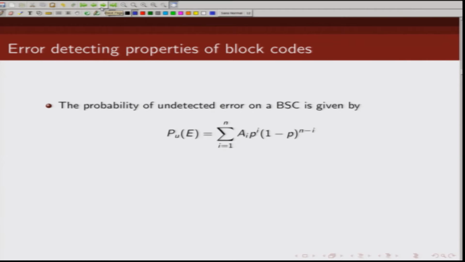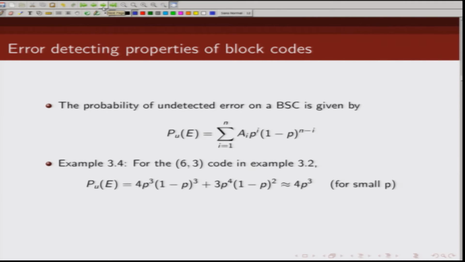Now, the probability of undetected error for a linear block code over a binary symmetric channel is related to the weight distribution of the code. So, for a 6-3 linear block code, when does an undetected error happen?